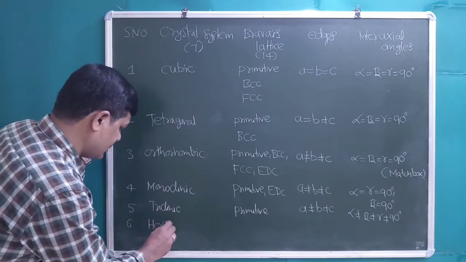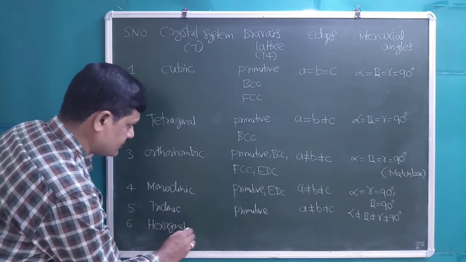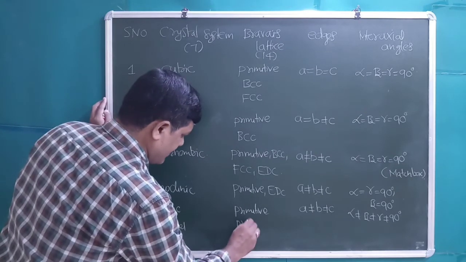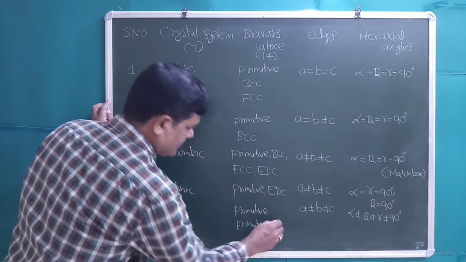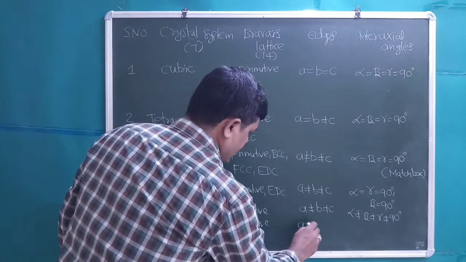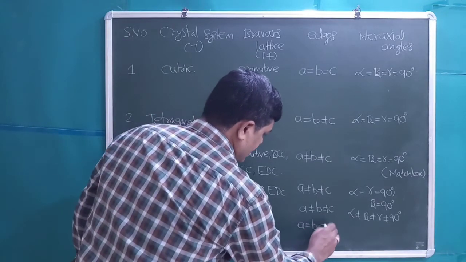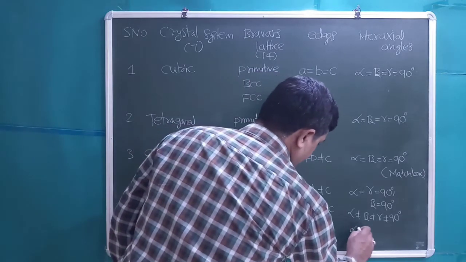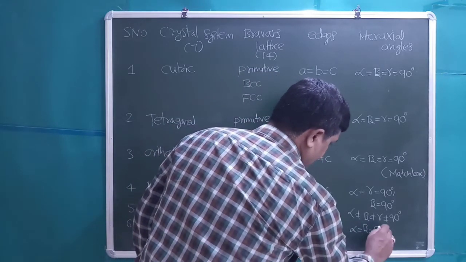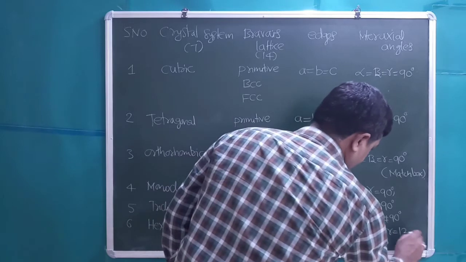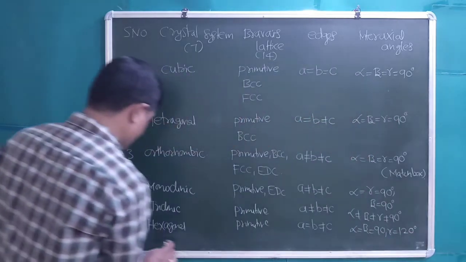Sixth one is hexagonal. Primitive is possible. Primitive will exist in nature. A is equal to B not equal to C, alpha is equal to beta is equal to 90 degrees, gamma is equal to 120 degrees.